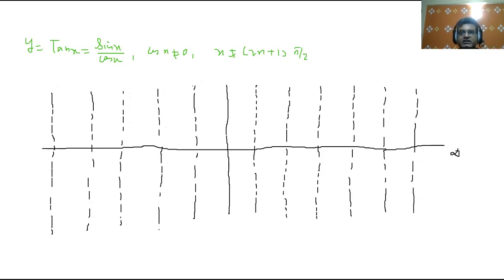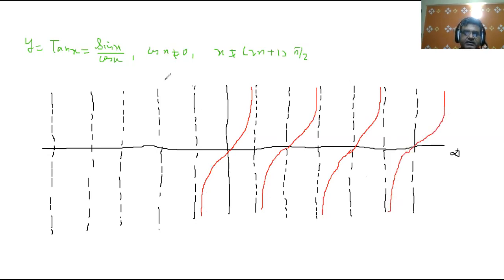Now the graph of the function will be like this. These are the graphs of the functions. Likewise, the graph will repeat itself. Here also, the graph will go like this. And here also, the graph will go like this.